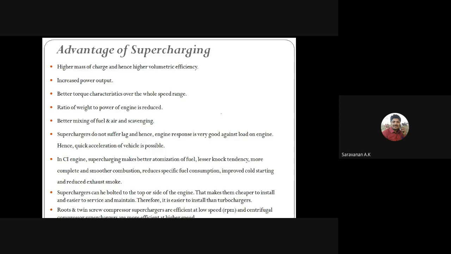Better torque characteristics over a wide range of speeds. The weight to power ratio of the engine is reduced. Better mixing, better combustion, and scavenging take place. Superchargers do not suffer a lag, so the ignition lag is very small and the engine response is very good.